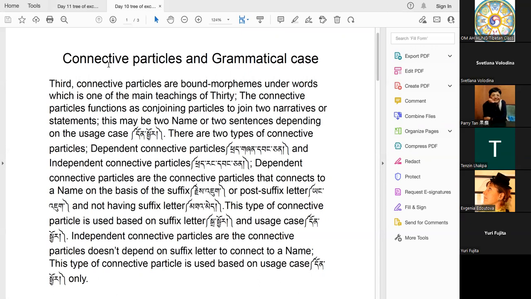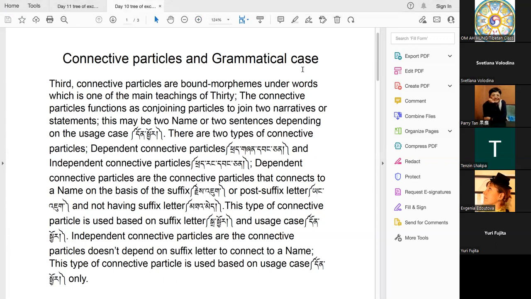Sometimes these sentences could be, for example, one sentence that we have been using for quite a while. We have been using that particle sa.